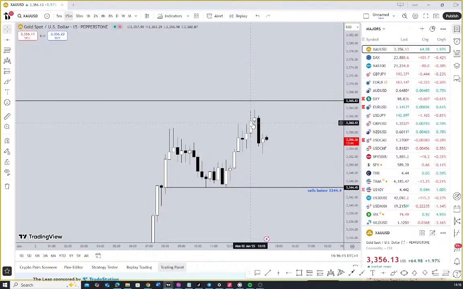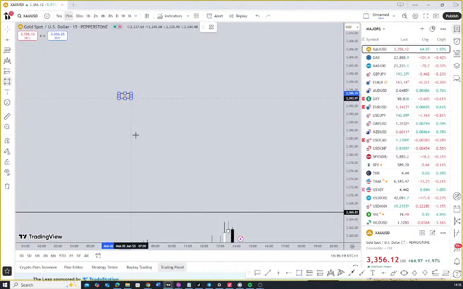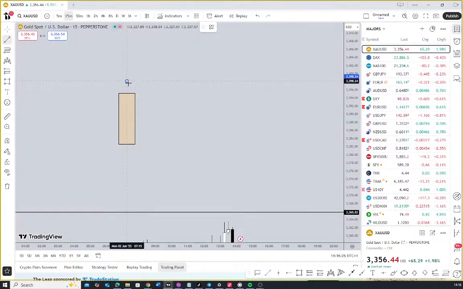Because the way I look at a candle is, if that's your, let's call this one a bullish candle, right? So this is your body.